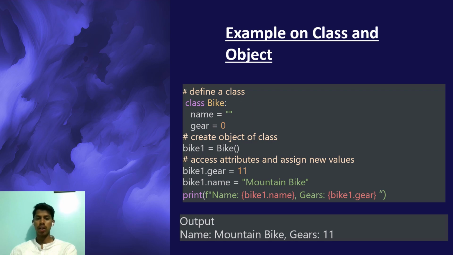For that, bike1.gear we give as 11 and bike1.name as mountain bike. So print name bike1.name and gears bike1.gear, and the output shows name mountain bike as we have given, and gears 11 as we have given. So this is how we use classes and objects and create a program like this.